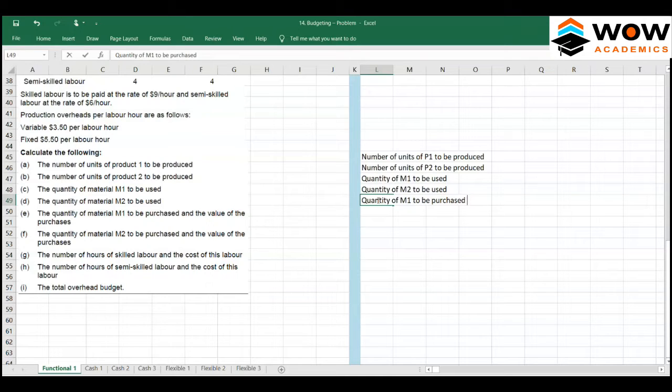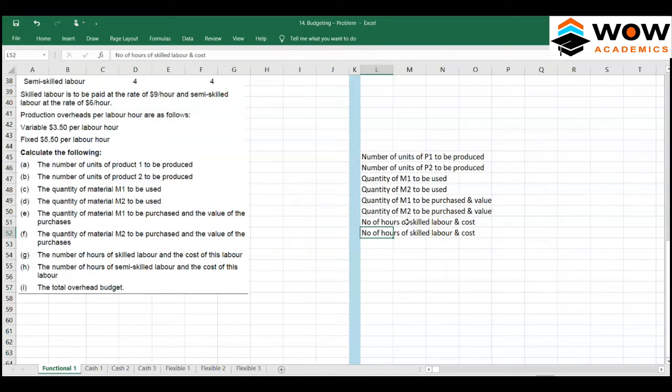and value. The next one will be quantity of M2 to be purchased and value, number of hours of skilled labor and cost.